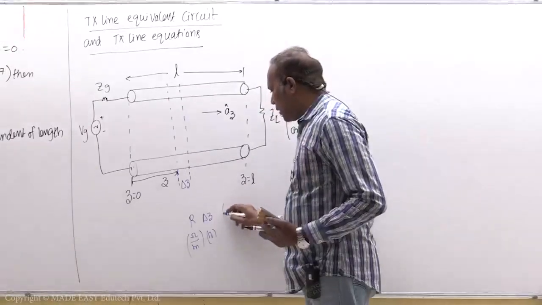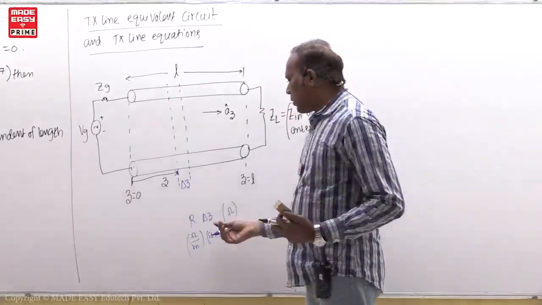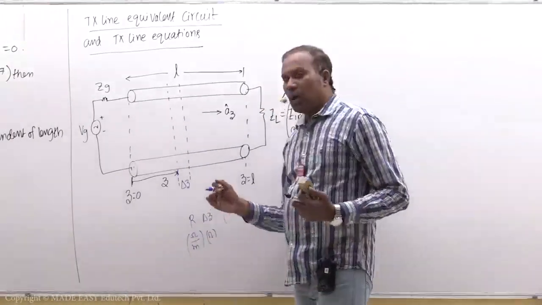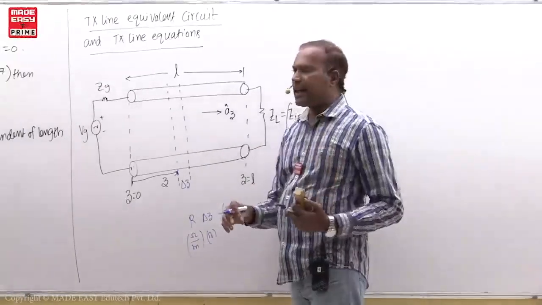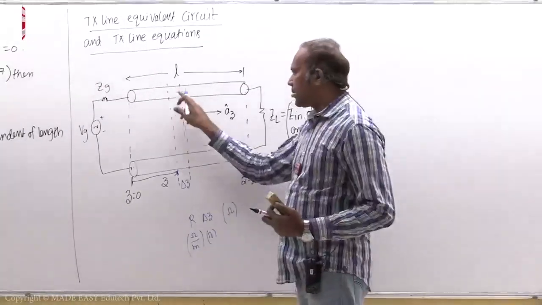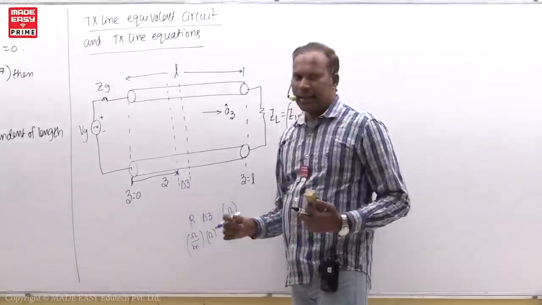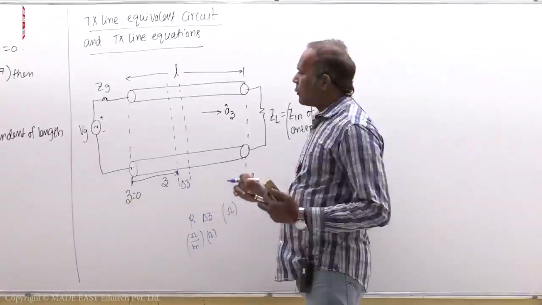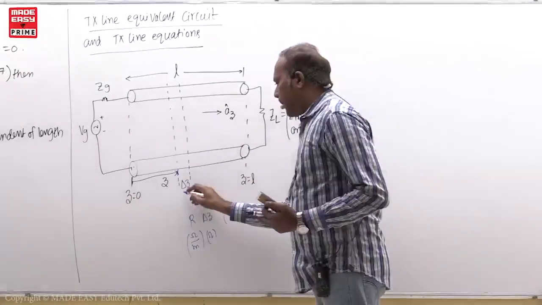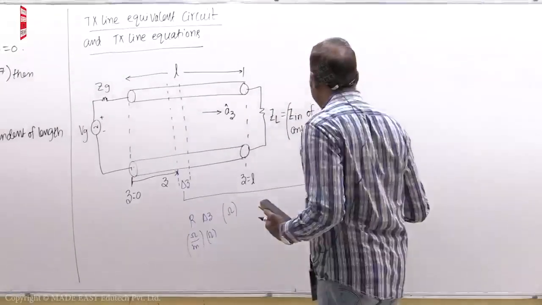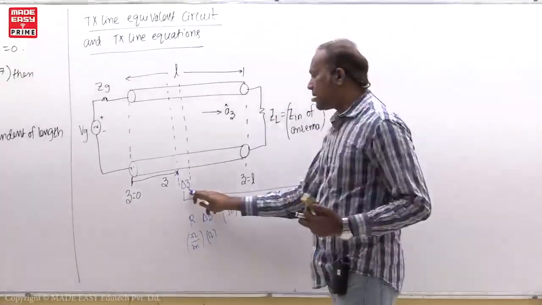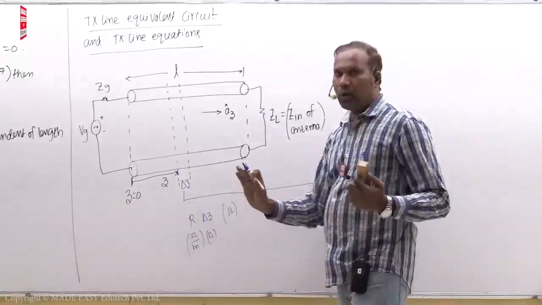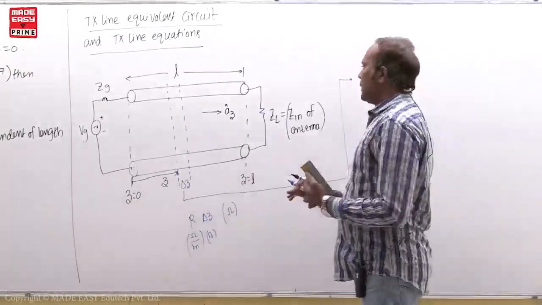Delta z means overall you get impedance ohm. So R into delta z ohms resistance is there for both conductors for delta z distance, that is series parameter. So now I am starting here, I am drawing the equivalent circuit here. For how much distance I am drawing equivalent circuit? Only for delta z distance.